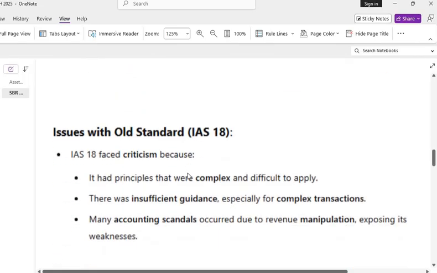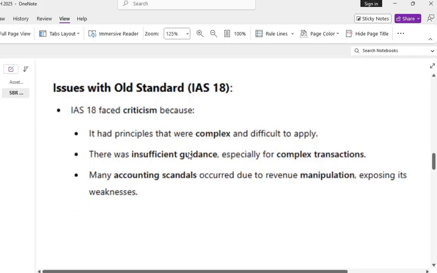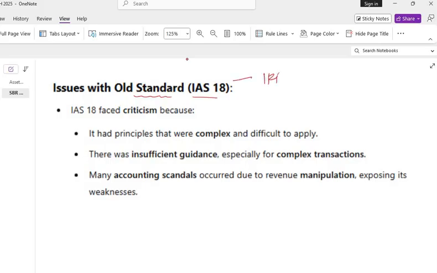Now what were the issues with the standard before, the old standard called IAS 18, which is now replaced by IFRS 15 Revenue?